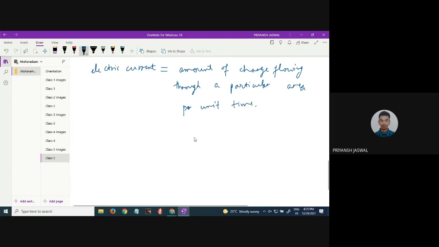Now, what does it mean is, suppose this is some cross sectional area and some charges are flowing in this direction.